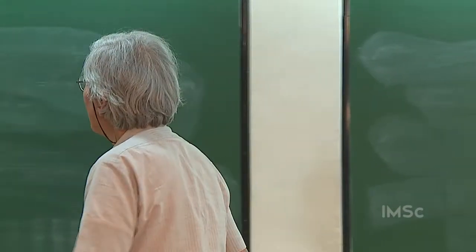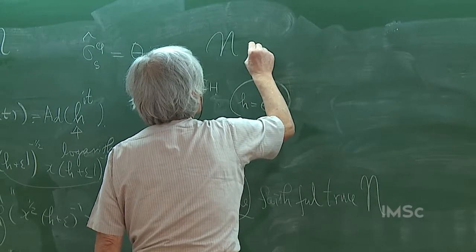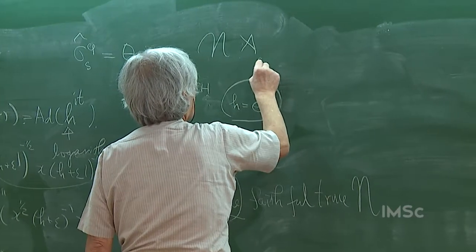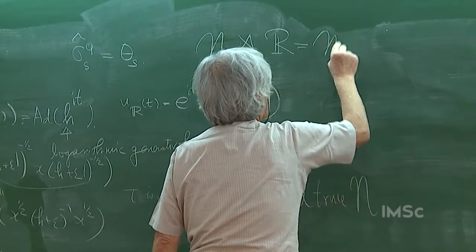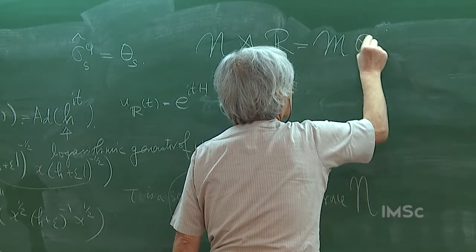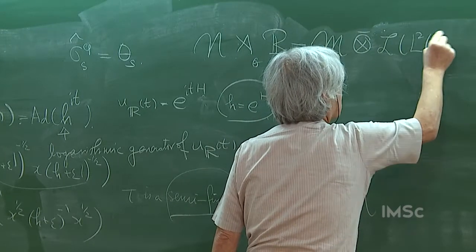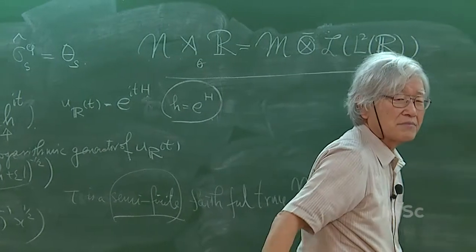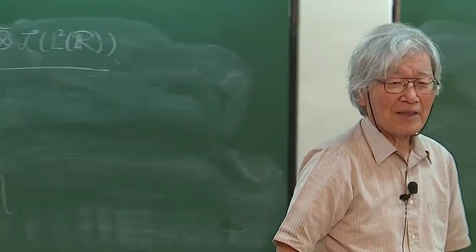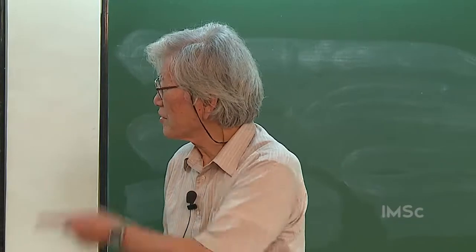And now we know N crossed with theta over the real line is M tensor product with L of L to R. So within Morita equivalence, we recover the original algebra.